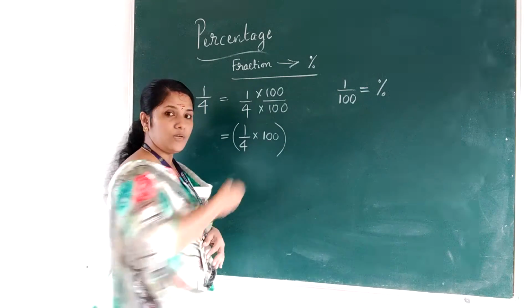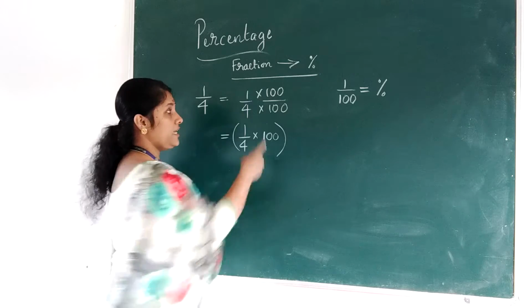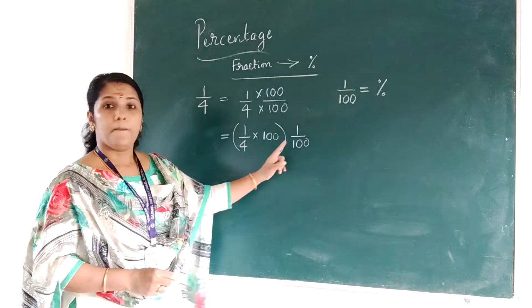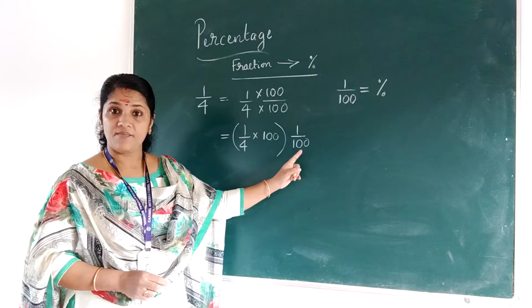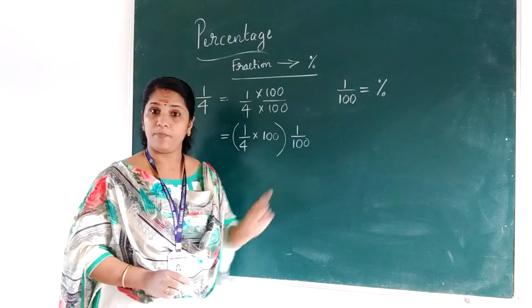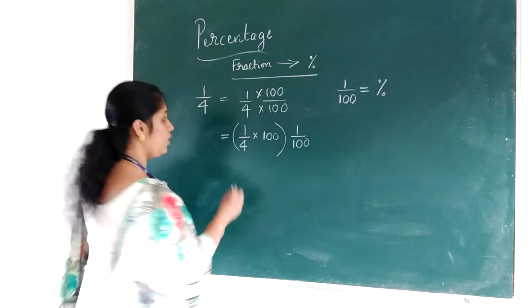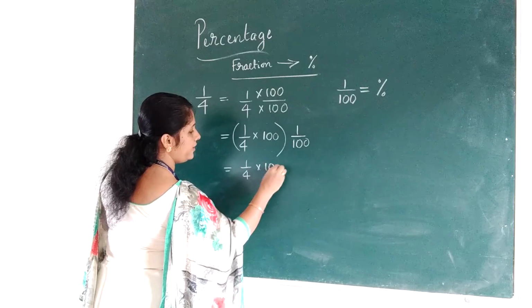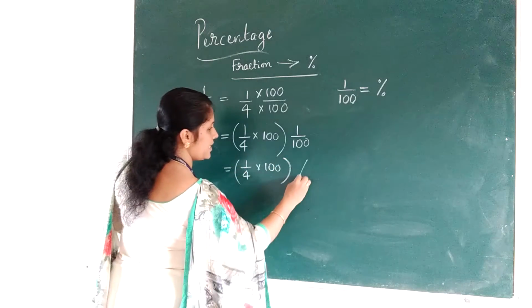Then what will be outside the bracket? It is 1 by 100. But I can represent 1 by 100 in that percentage form, right? So it will be 1 by 4 into 100 percentage.